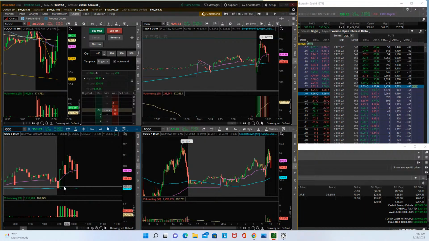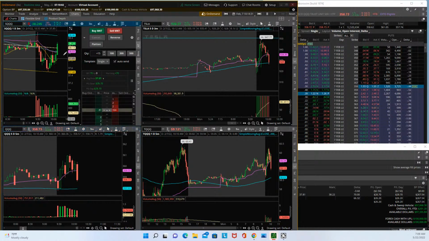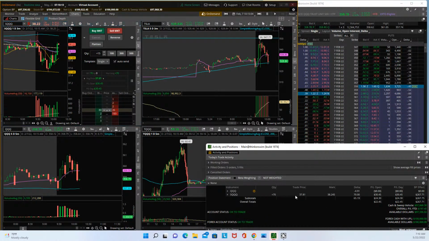Now my target would probably be, okay, let's see if we can start building down below 358.25 to get down to 333.57, and then here on the SQQQs, if we can get to 38.46, that would be nice.